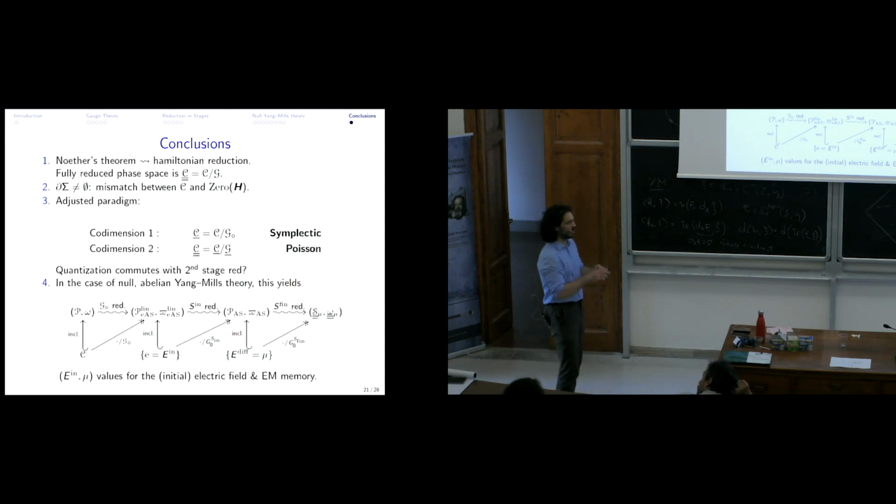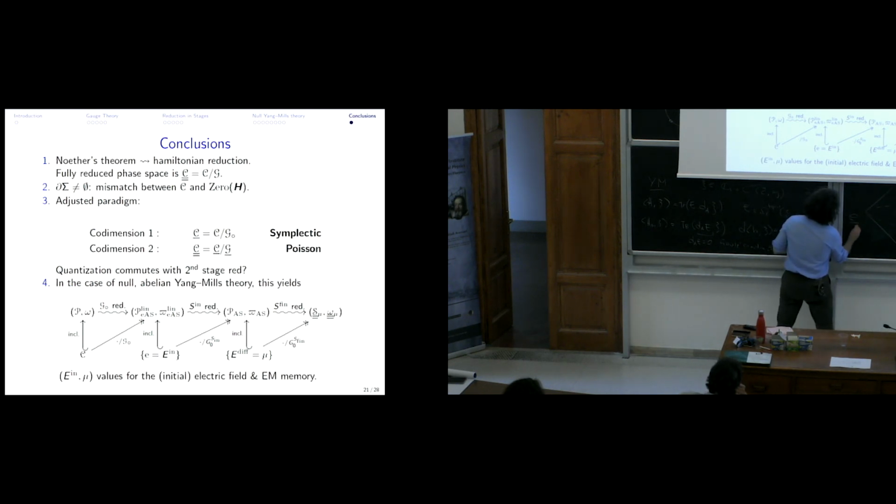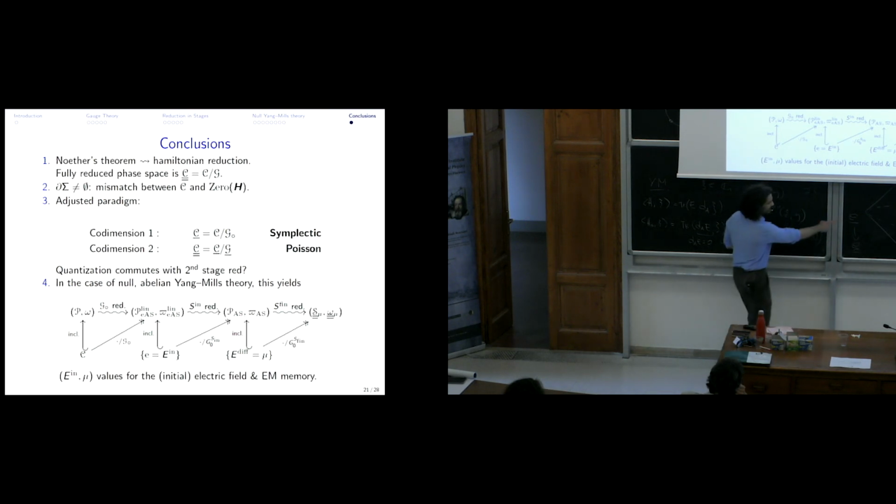And then, let me write down something. So you have a Poisson map between the first stage and the second stage. This is symplectic, this is Poisson.